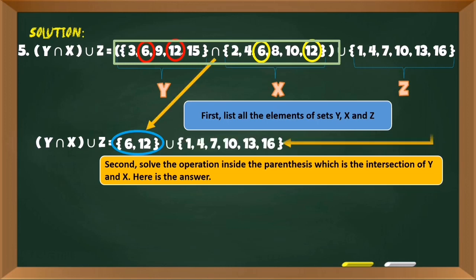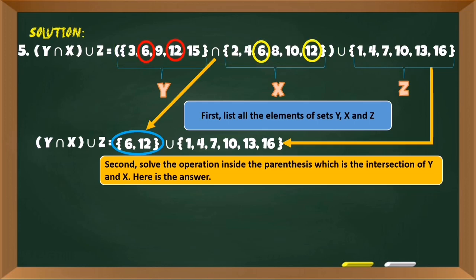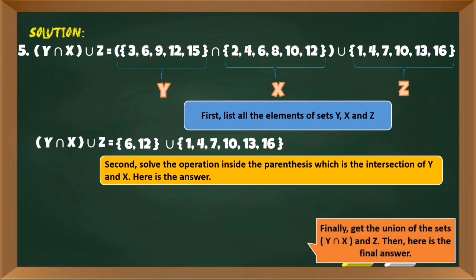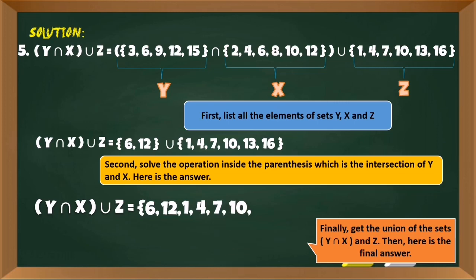Let's write the remaining equation. Finally, get the union of the sets Y intersection X and Z. Then here is the final answer. The union of the two sets is equal to the set that contains the elements 6, 12, 1, 4, 7, 10, 13, and 16.